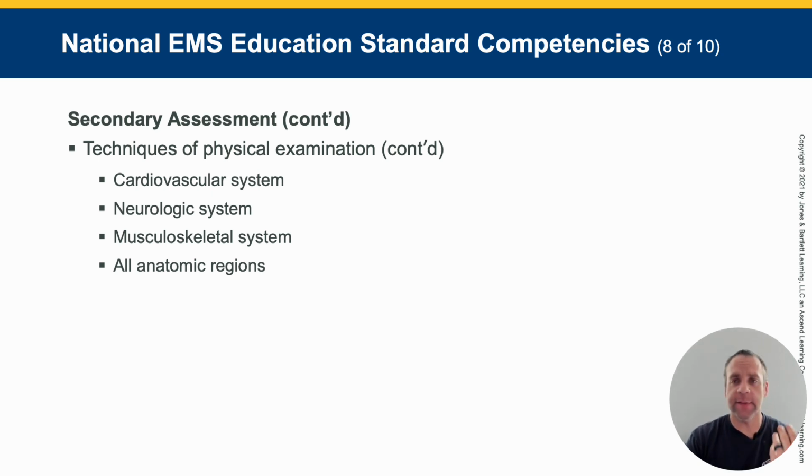And when we examine the entire body by anatomic region, we're going to use the mnemonic DCAP-BTLS to remember what we're looking for: deformities, contusions, abrasions, punctures, burns, tenderness, lacerations, swelling. Your job is to be thorough, to be systematic, and to be efficient. Missing a key finding here could lead to delayed or incorrect treatment and care of the patient.